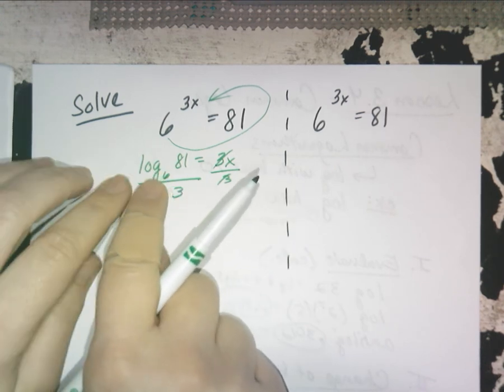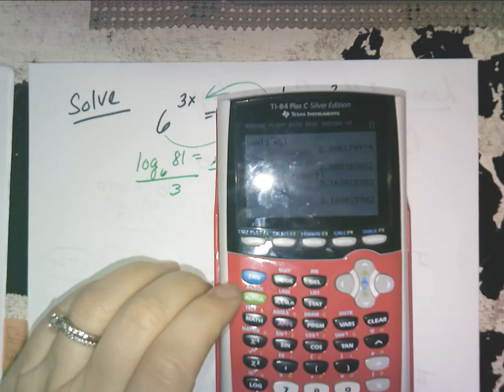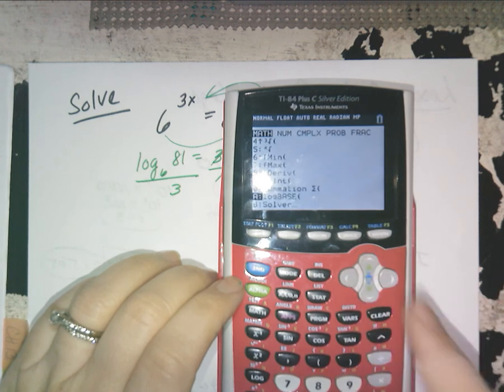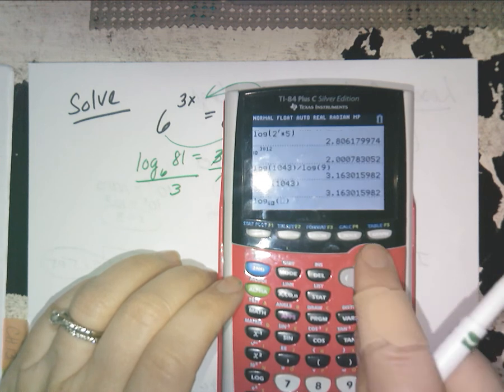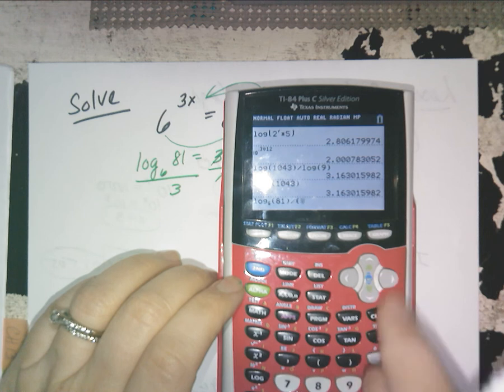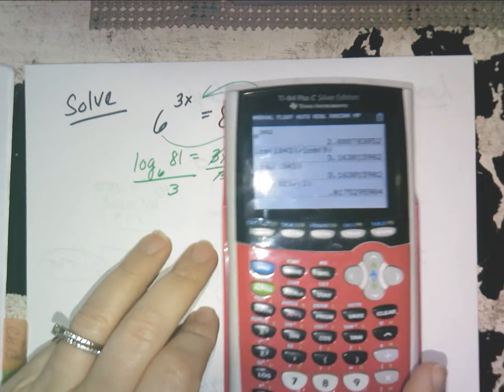You can put this in log base and divide it by 3. Just to show you what it would be, math, log base, 6, 81, and then divide by 3. Let me make sure I put that in parentheses. There we go, 0.8175, okay?